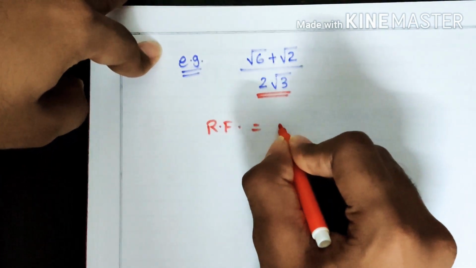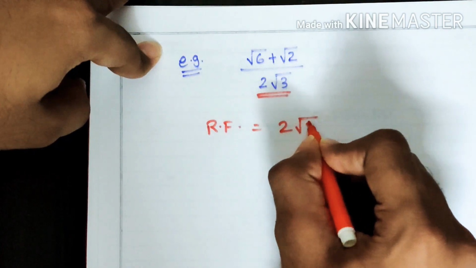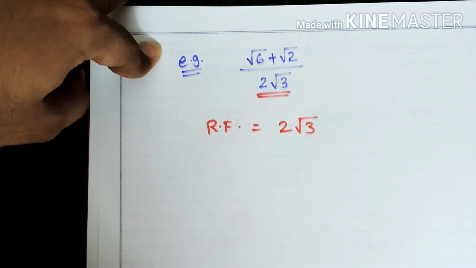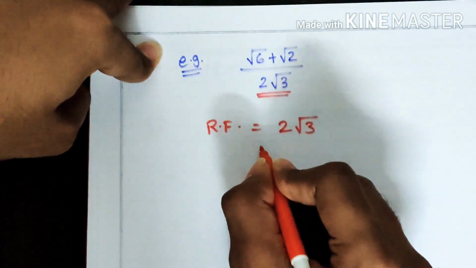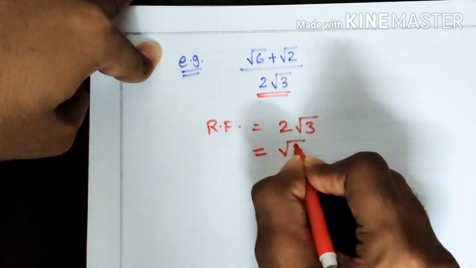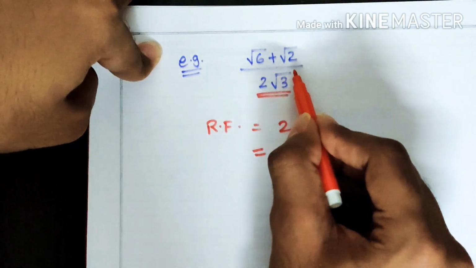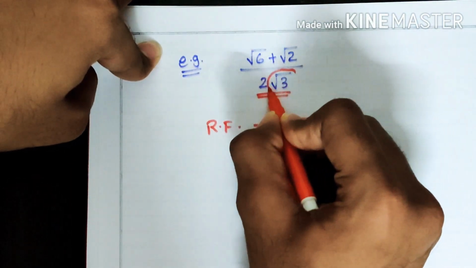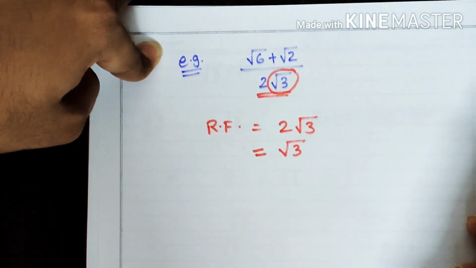Some of you may say that the rationalizing factor will be 2 root 3. Yes, you can take 2 root 3, but you can also take only root 3, because we need to identify what the irrational part is here. The irrational part is root 3 only.